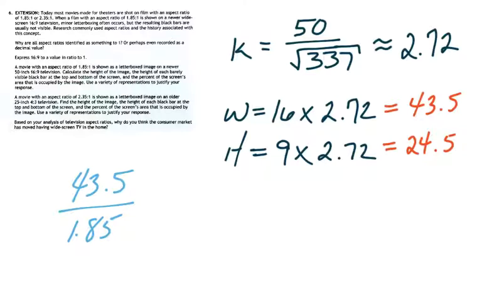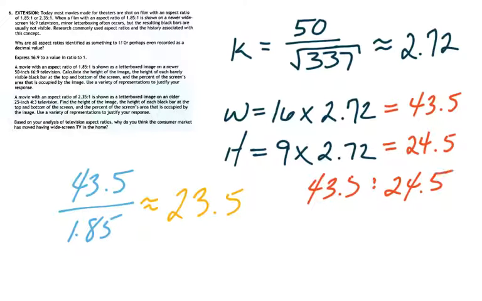Here we get that the height of the image that has a 1.85 to 1 ratio is approximately 23.5 inches. Now our TV screen is 43.5 to 24.5, and our aspect ratio for the image is 43.5 to 23.5.